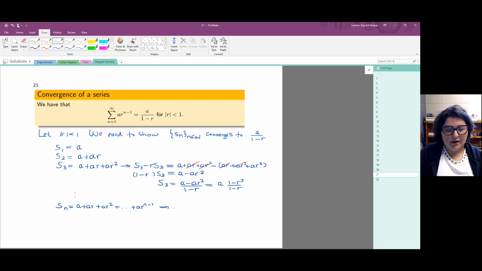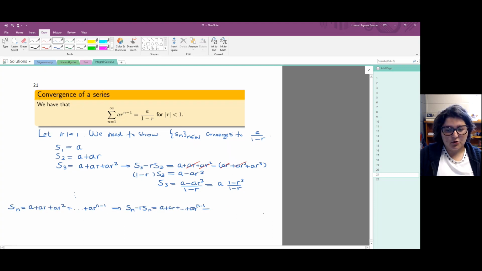Then when we take Sn and subtract r times Sn, we're taking all those terms from a to a times r to the n minus 1 and subtracting terms that look like ar plus ar squared all the way to ar to the n minus 1 and then ar to the n.